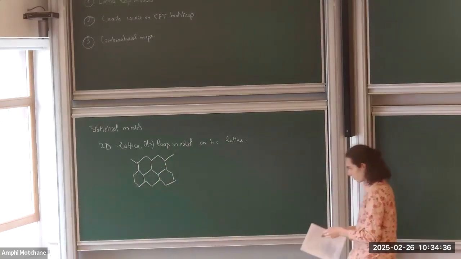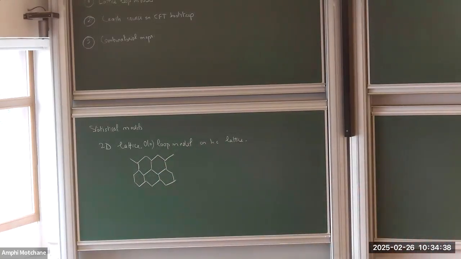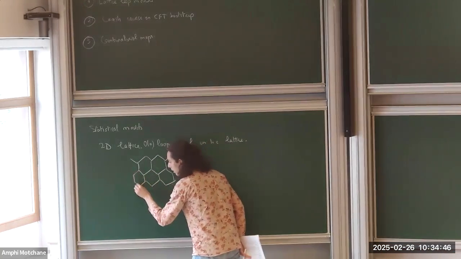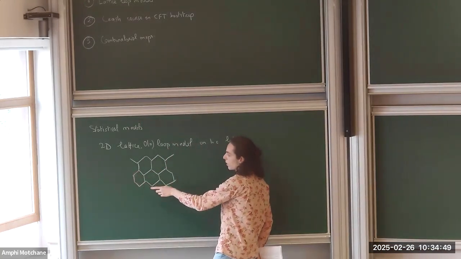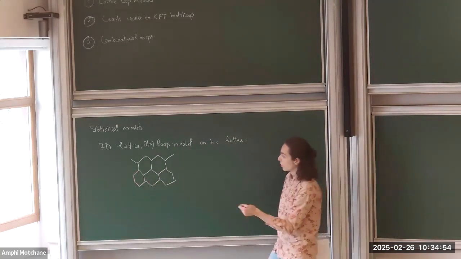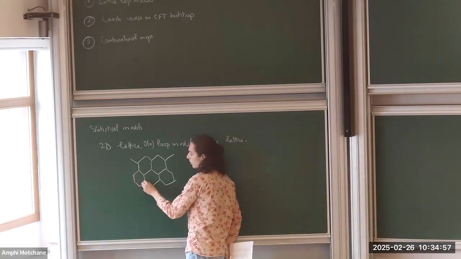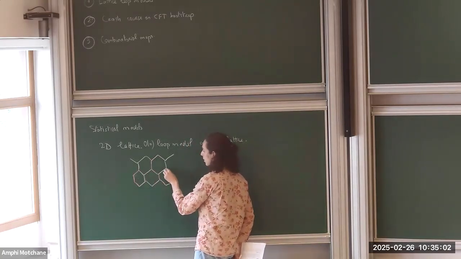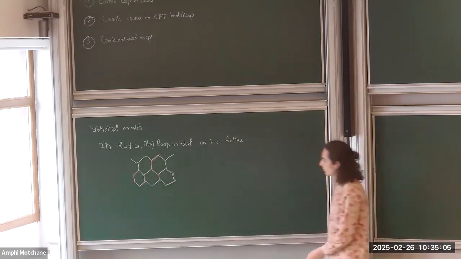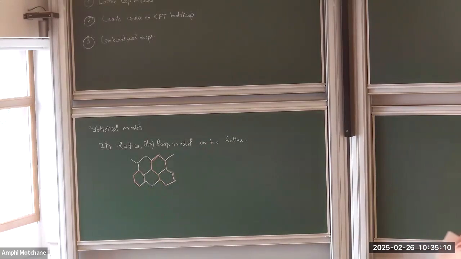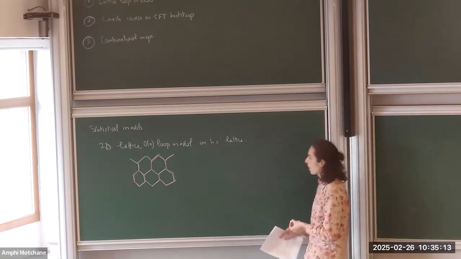And what I call a loop configuration on this lattice is the following: quite an obvious definition, just take some edges and color them, and each vertex has to be adjacent to an even number of colored edges. Since there are 3 edges, it's necessarily 2 or 0. So this would be a valid loop. This is a valid loop. My configurations are all of the possible loop configurations on this hexagonal lattice, honeycomb lattice.